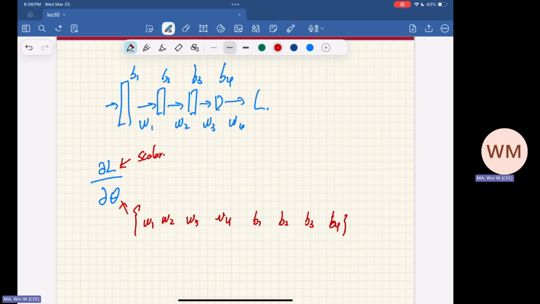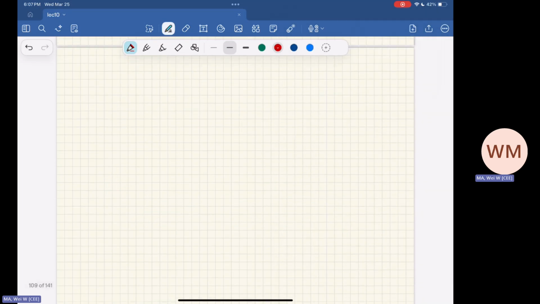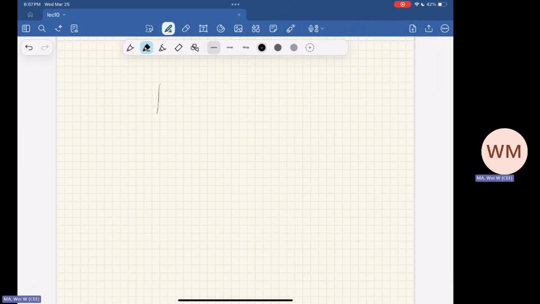First thing, what is the dimension of partial L, partial theta? The dimension is the same as the summation of all those parameters, right? Maybe I ask you another question. If I have a function f, input is theta and output is a scalar, and theta has dimension d, then what is the dimension of partial f, partial theta?